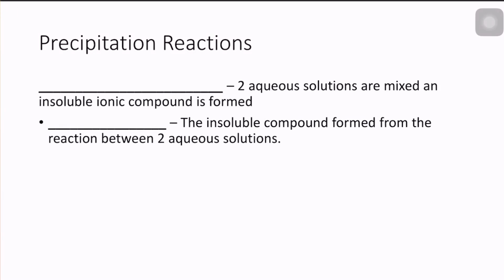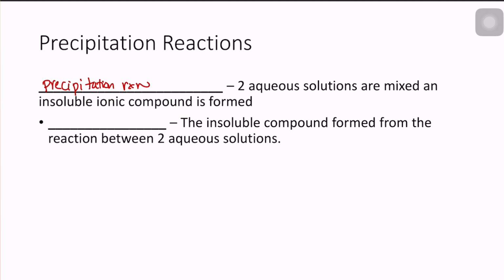In this video, we are going to look at precipitation reactions. A precipitation reaction is where you have two aqueous solutions, and when you mix them together, they cause a reaction, and the product is an insoluble ionic compound.